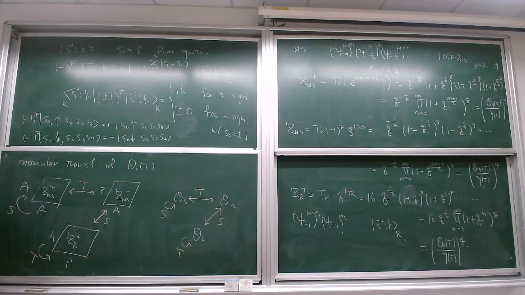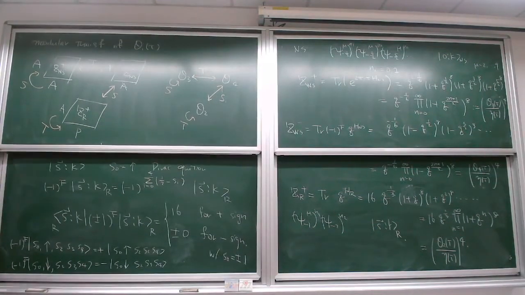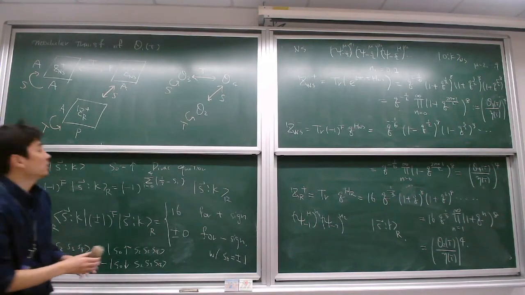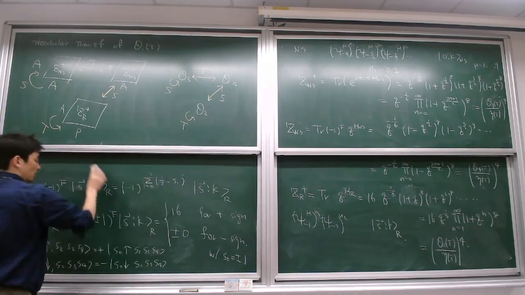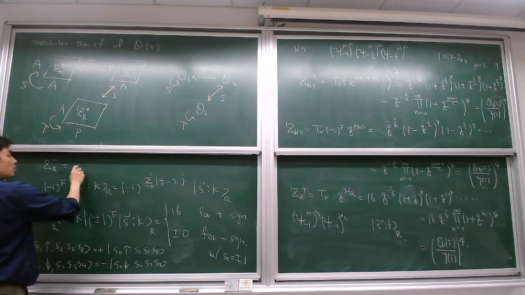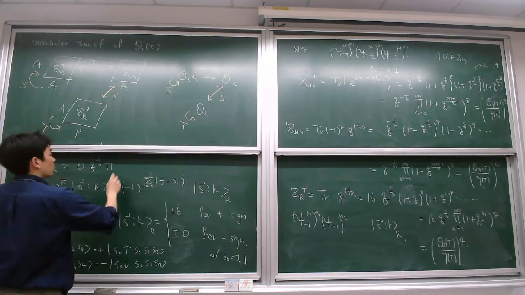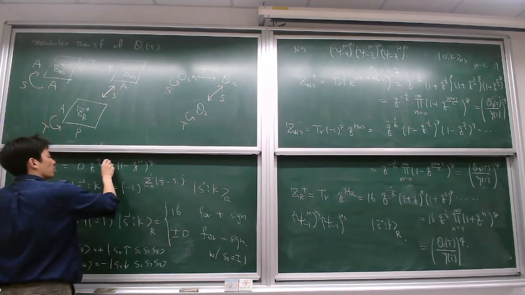Okay, good. Let me erase here. This is due to the fermion zero mode. Sorry, I should have known that. Z_R minus should be something 0 times q to the 1/3, and then the minus sign, the product of 1 minus q to the n, n runs from 1 to infinity.